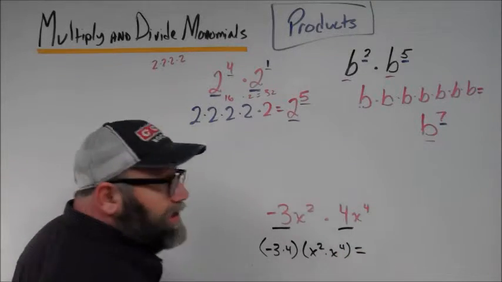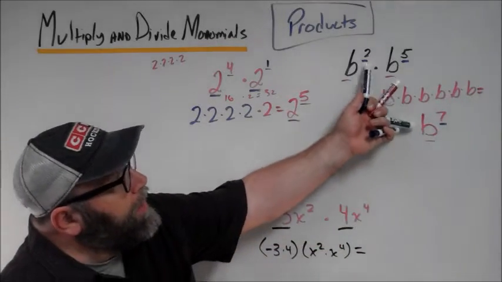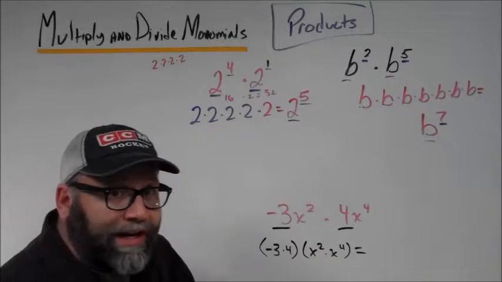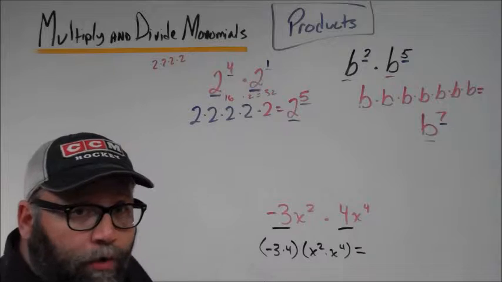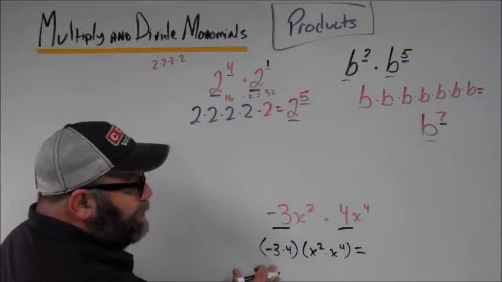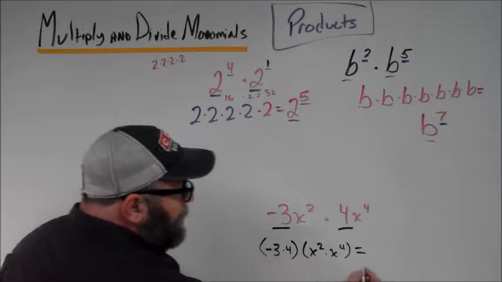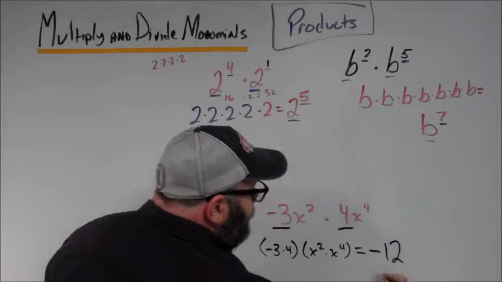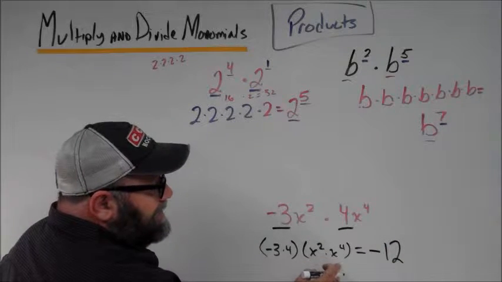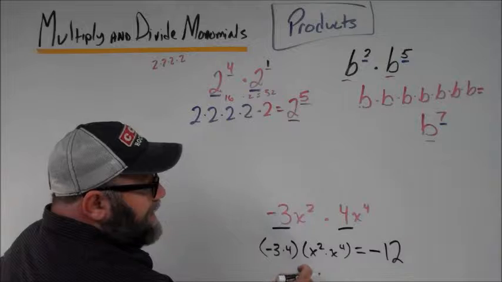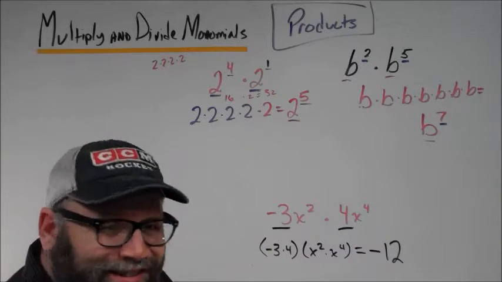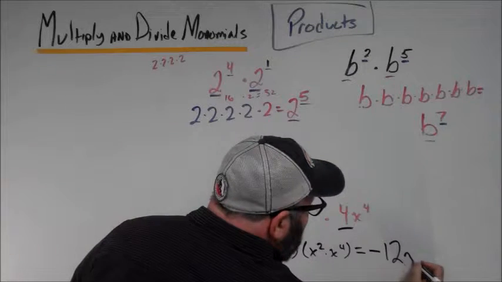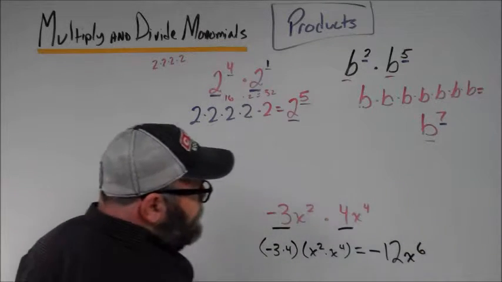Now we're going to use our understanding of how those exponents work here, as opposed to writing them in expanded form. But you could always write them in expanded form. In this case, we have negative 3 times negative 4, which is going to give us negative 12. And then we have x to the second times x to the fourth, so that's x times x times x times x times x times x. And that just gives us negative 12x to the sixth.